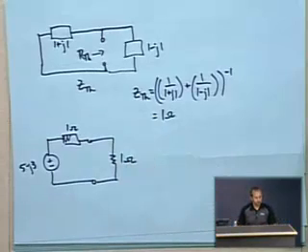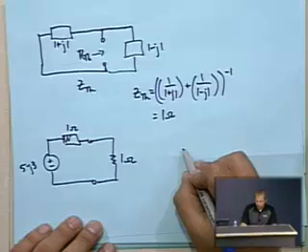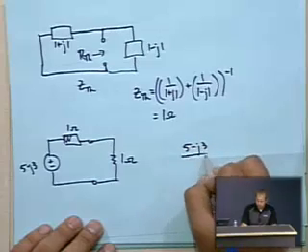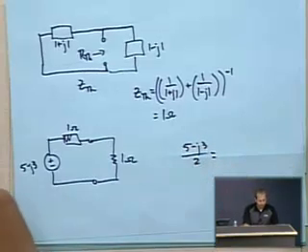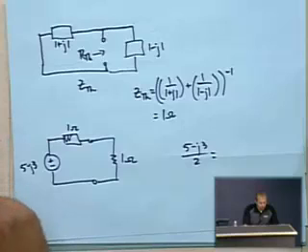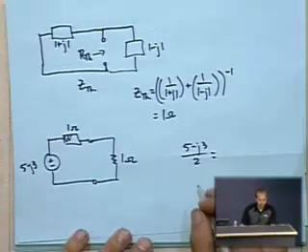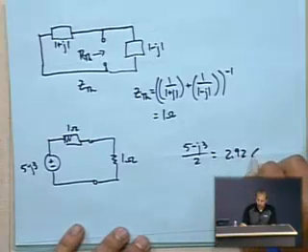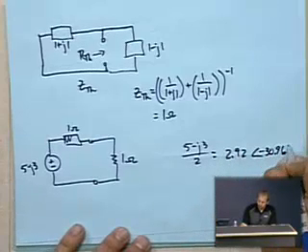The voltage divides evenly across the two of those, and so it's going to be 5 minus j3 divided by 2, and that conveniently gives us back the same answer again of 2.92 at an angle of negative 30.96.